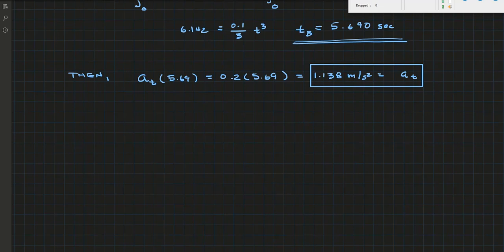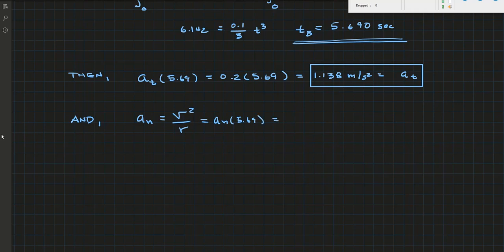Okay, so now it's just a matter of plugging and chugging for our acceleration in the normal direction, and that equals v squared over the radius, which is essentially looking at that at 5.69 again.